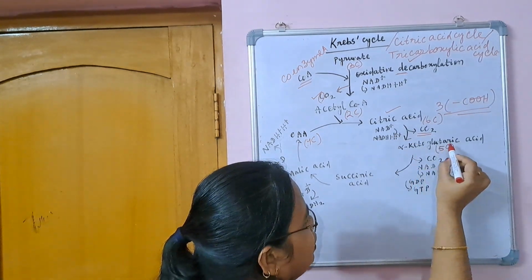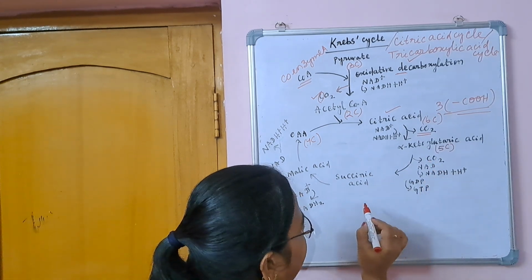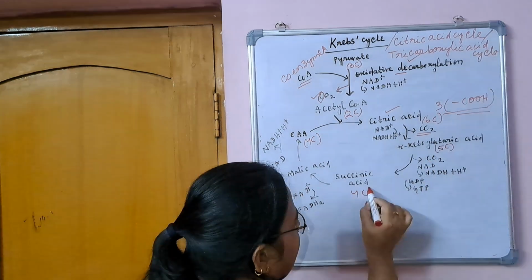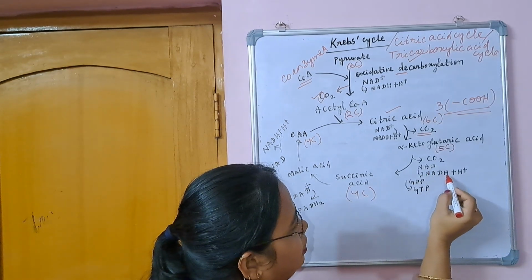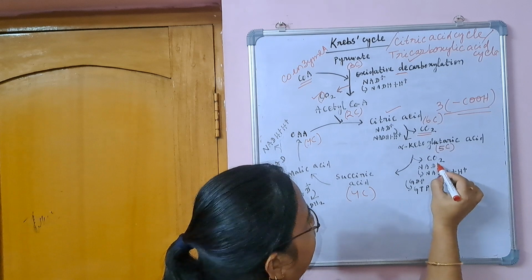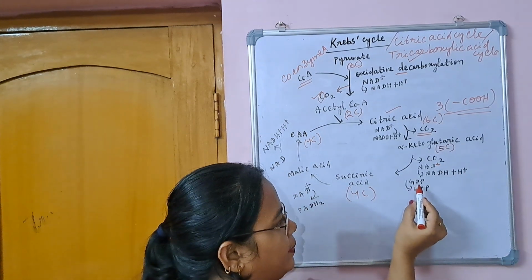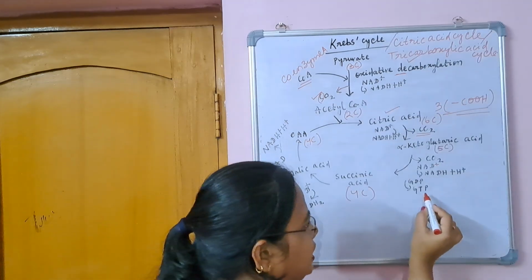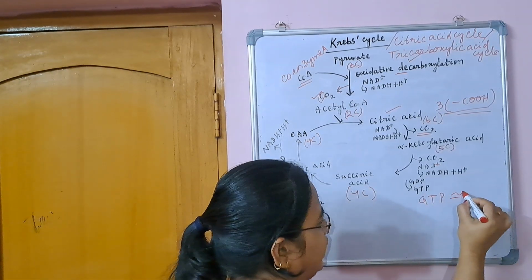Now this alpha ketoglutaric acid again will undergo decarboxylation, forming succinic acid, which is a 4-carbon compound, and in this step NAD plus will be converted into NADH plus H plus, and one GDP will be converted into GTP, and this GTP energy is equivalent to ATP.